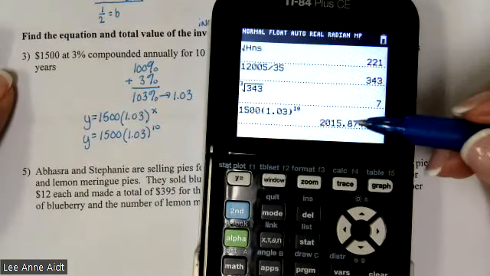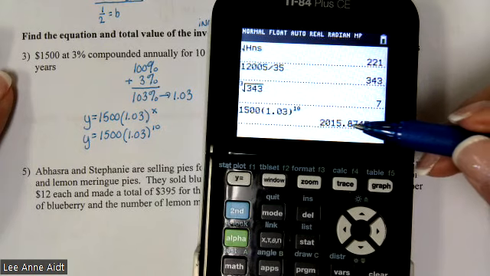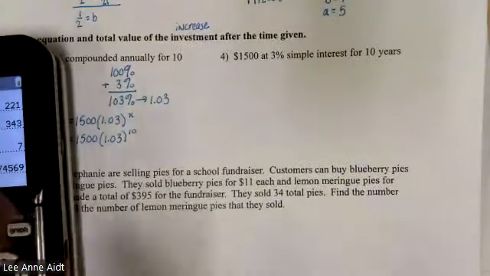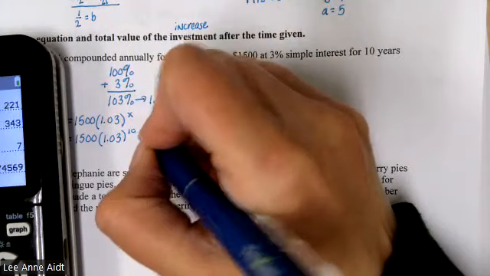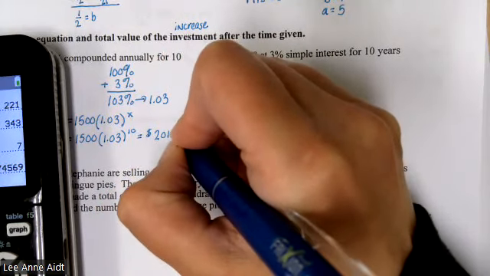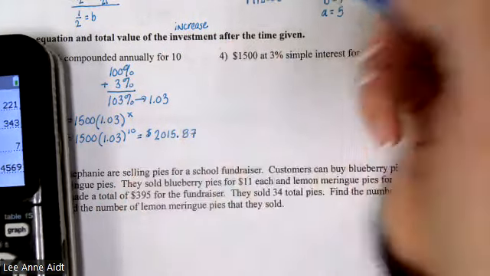$2,015.87. Again, this is money. You need to round to the penny, so 2 decimal places.